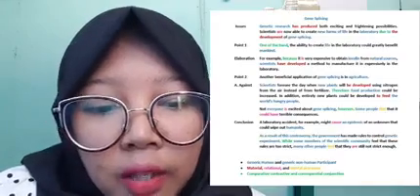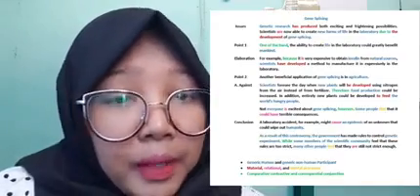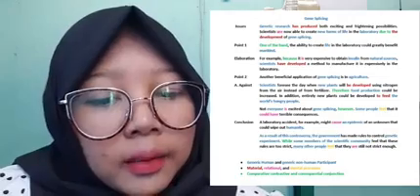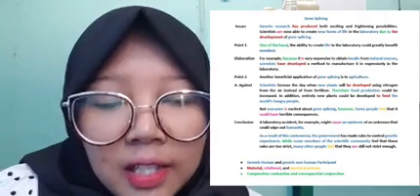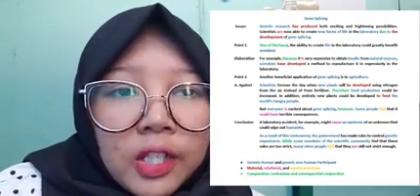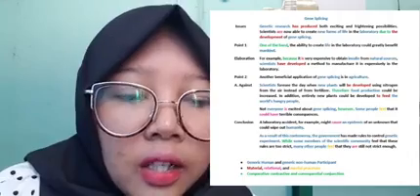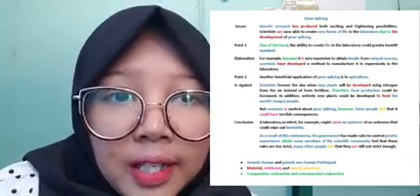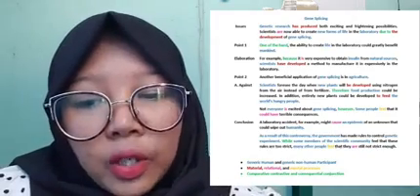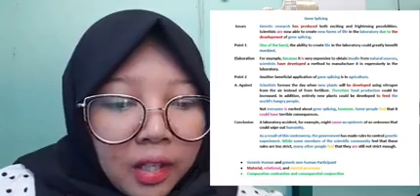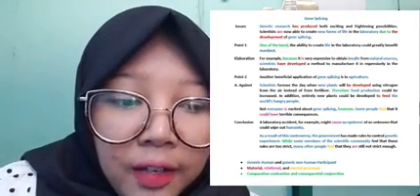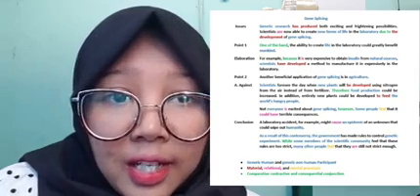I put the blue color for generic human and non-human participants, red color for material process, pink color for relational process, and yellow color for mental process. I also put the green color for comparative, contrastive, and consequential conjunction.